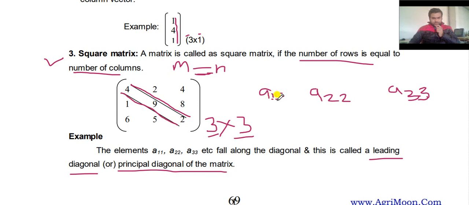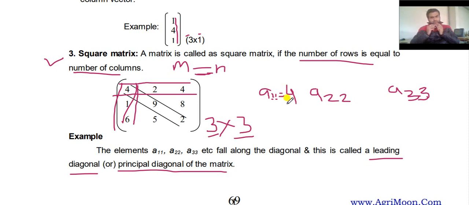So the first row and first column, the element which lies on the first row and first column. This is your first row, and this is your first column. The number that is enclosed in this rectangle is 4. So the value of A11 is 4.